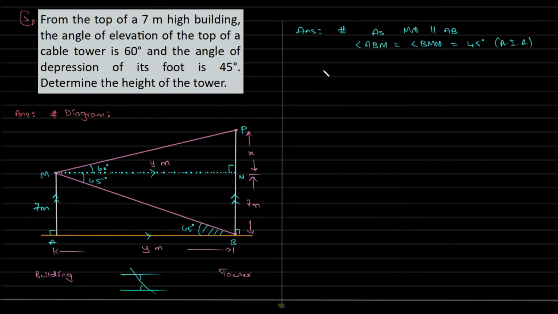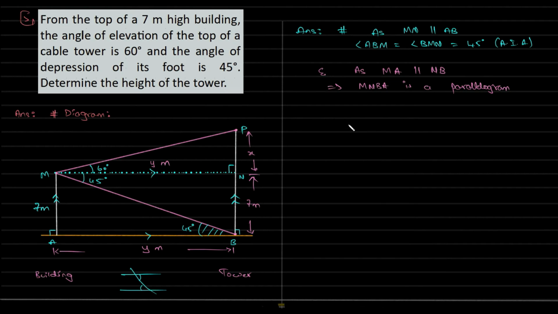Next, and as MN, oh sorry, I should write MA, not MN, is parallel to NB, right? This implies MNBA is a parallelogram, right?